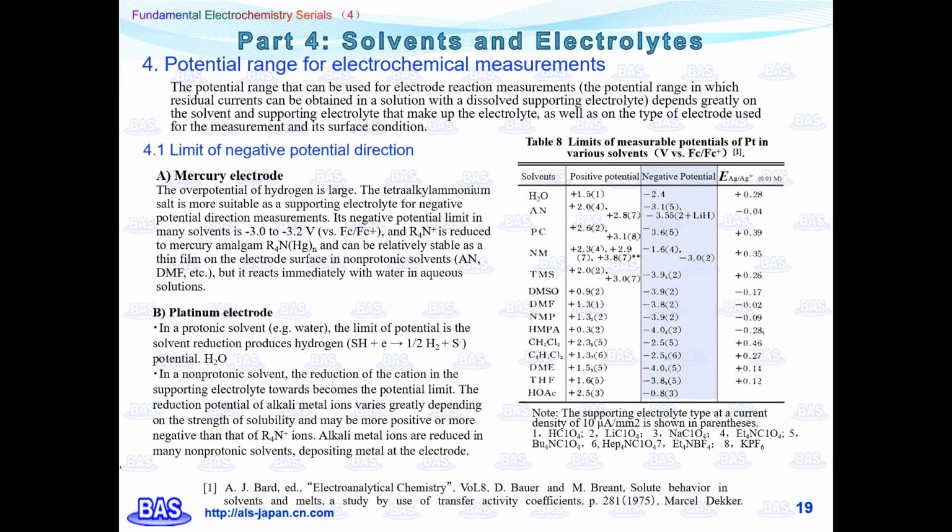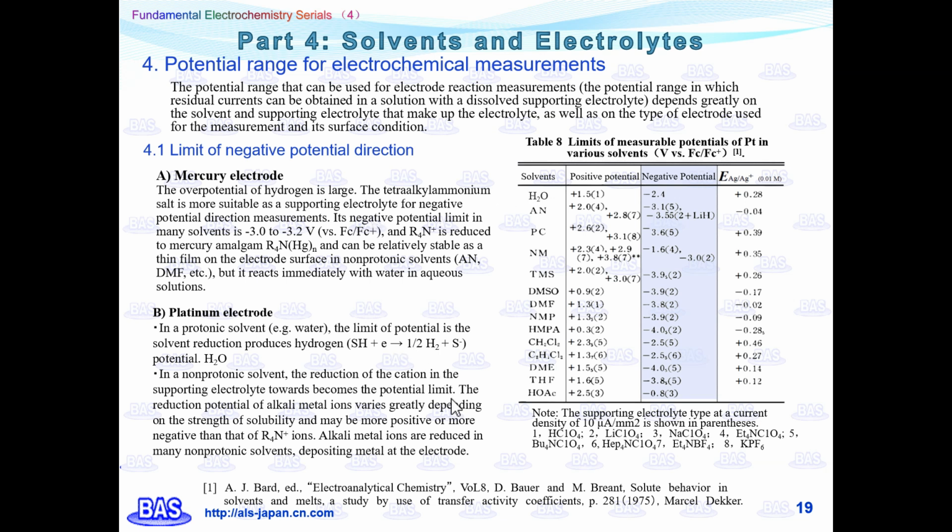This amalgam can exist relatively stably as a thin film on the electrode surface in non-protonic solvents such as acetonitrile and dimethylformamide, but it reacts immediately with water in aqueous solutions.